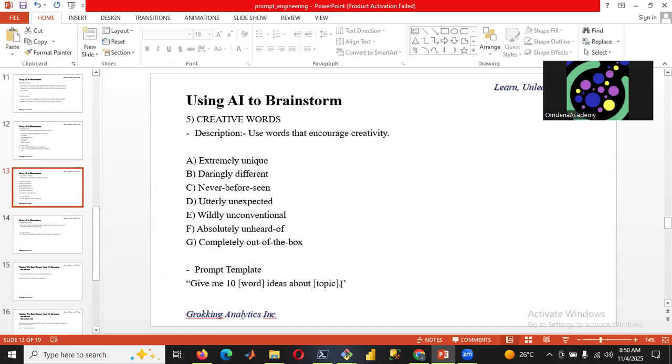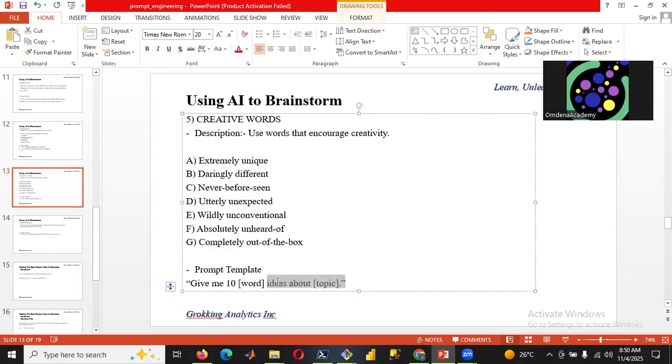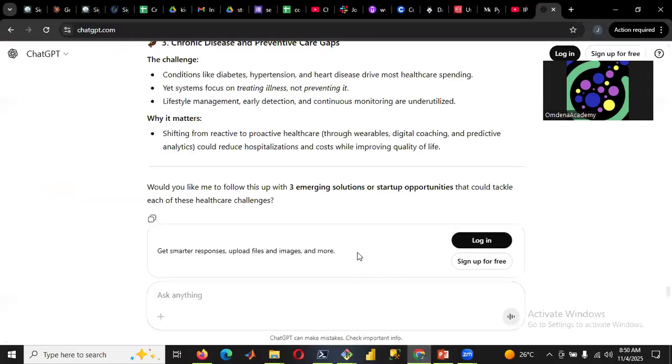You pick any of these, like give me 10 extremely unique ideas about this topic. Let me make one example here. This is very straightforward. There's no need to talk too much about it.